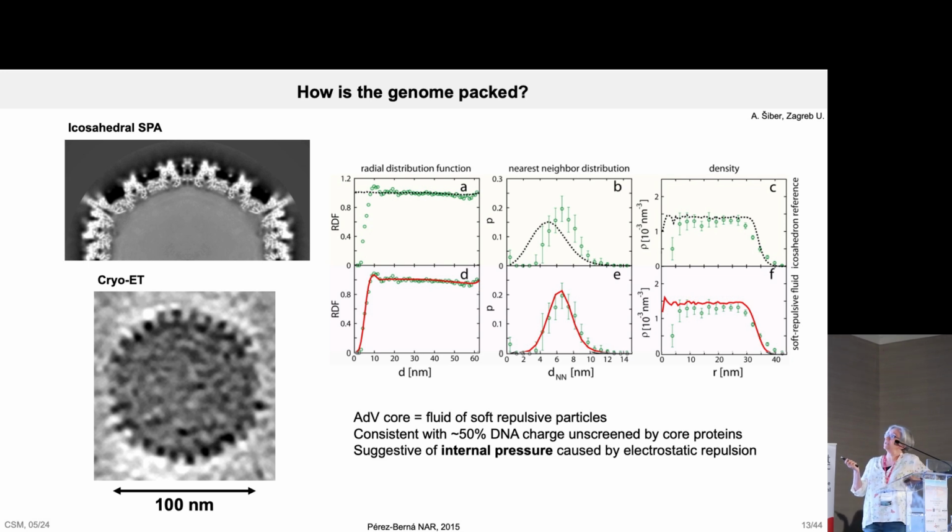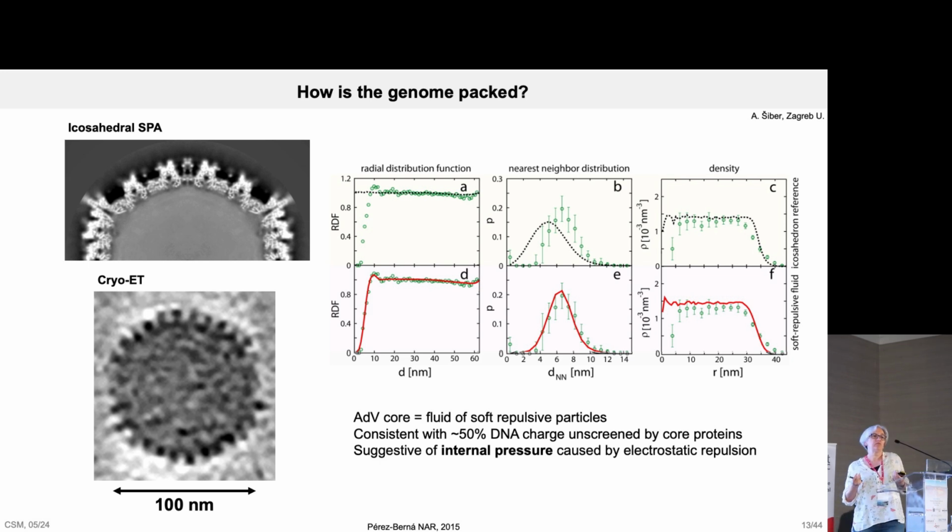If we consider that the particles are located at random, we can see that the experiment and the theory don't agree very well. But if we consider that these particles are related to each other by a soft electrostatic repulsion, we can see that now the experiment and the theory agree much better. So the conclusion here was that we could model the adenovirus core as a fluid of soft repulsive particles.